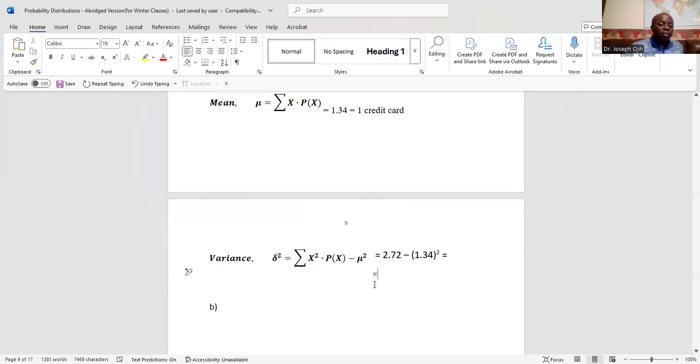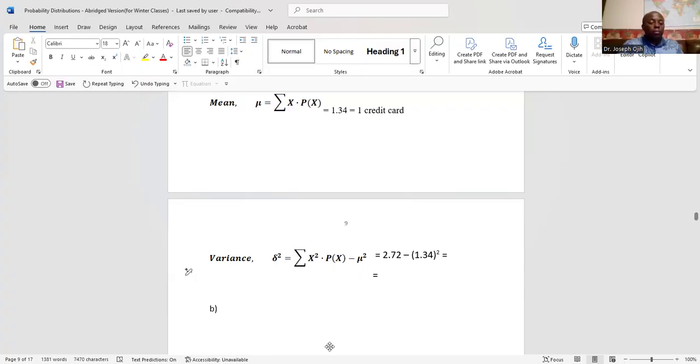So I'm going to write this down. I got 2.72 minus 1.34 squared.